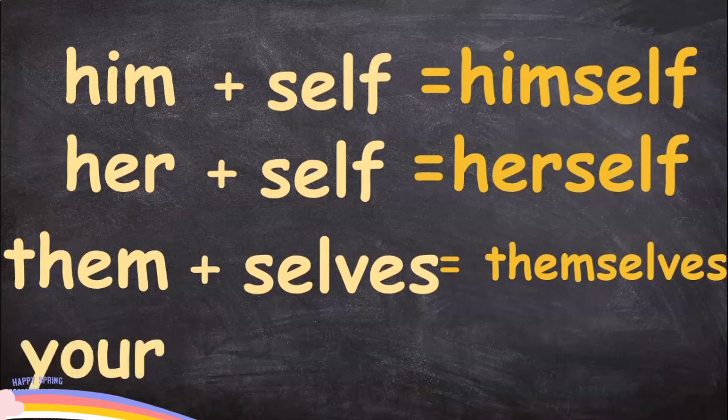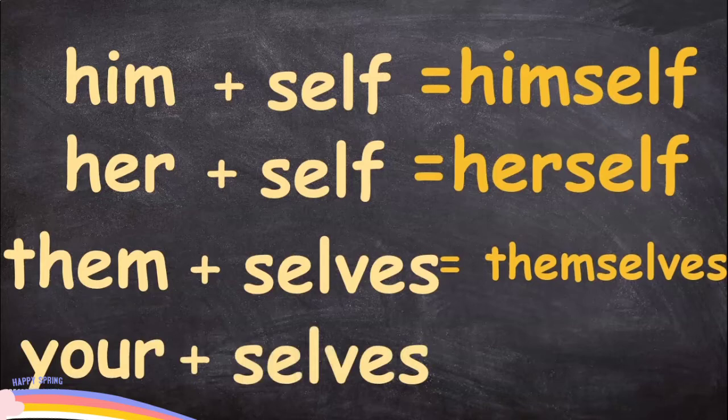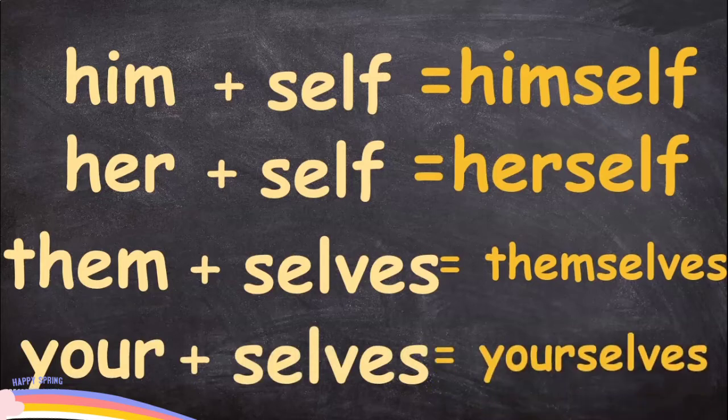Another is your. Your plus selves is equal to yourselves. Now we have himself, herself, themselves, and yourselves. We have created new set or new kind of pronouns from the previous topic, which are personal pronouns.